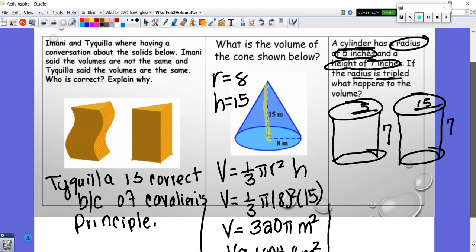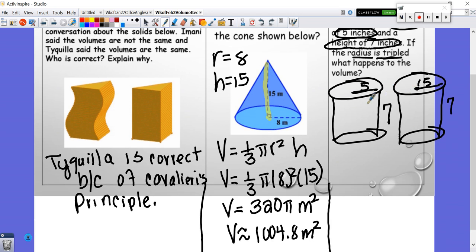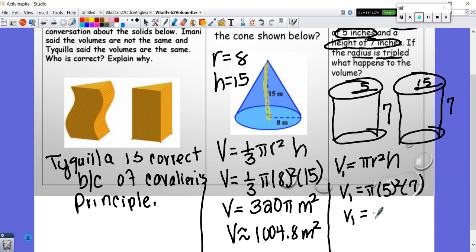So let's go see. We know they're not going to be the same because the area of the base is not going to be the same, so we can't use Cavalieri's principle for this one. So volume of a cylinder, we're going to do the first one. First volume is pi r squared times height. So volume is pi 5 squared times 7. Volume 1 would be 25 times 7, that's going to be 140 plus 35, which is 175 pi.